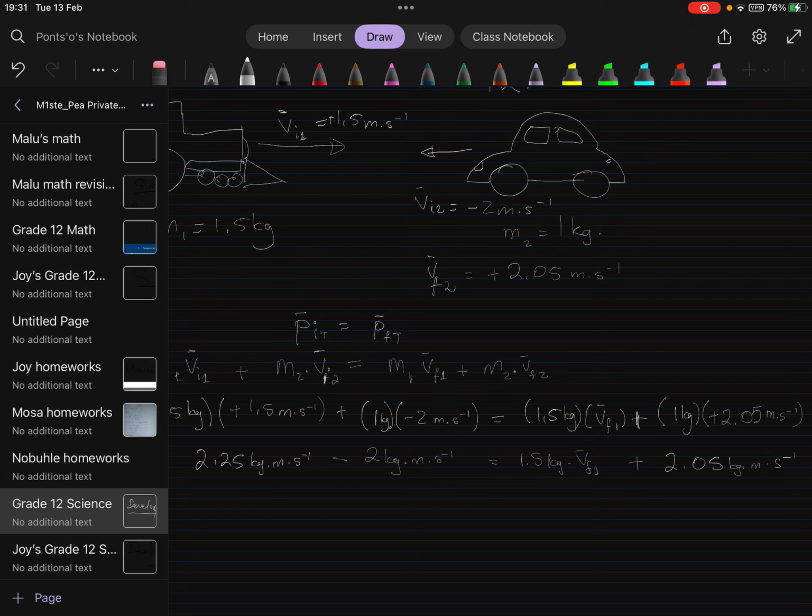So just keep that in mind. Obviously, the goal is to be as accurate as possible, so it's always best to get the correct answer and the correct method. So let's go with the correct answer by correct substitution. 2.25 minus 2 is 0.25 kilogram meters per second.